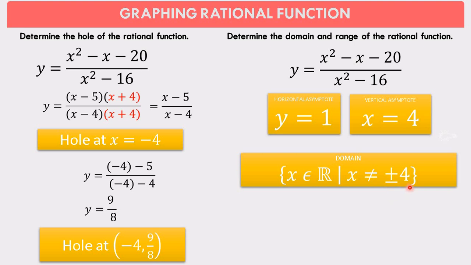Regardless of the sign of 4, if it is squared, it will produce 16, so 16 minus 16 is 0 and the denominator becomes 0.